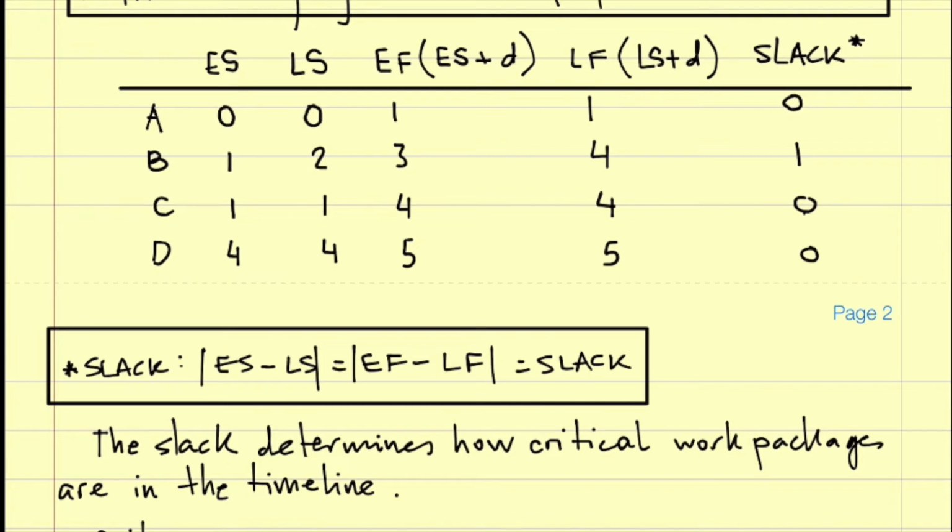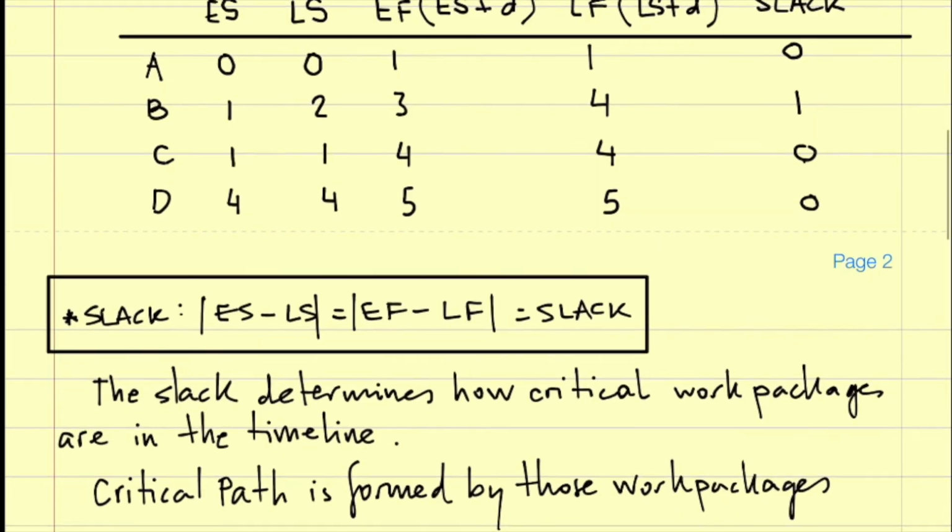The critical path is formed by those work packages with slack equal to 0.